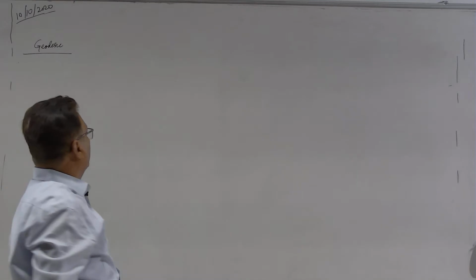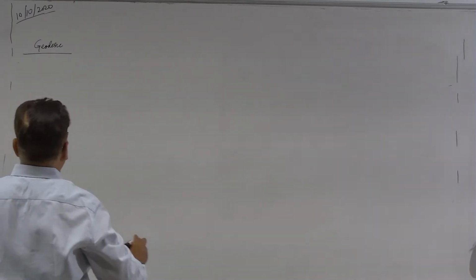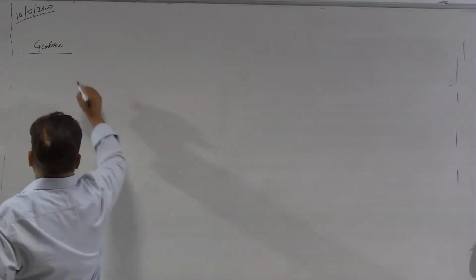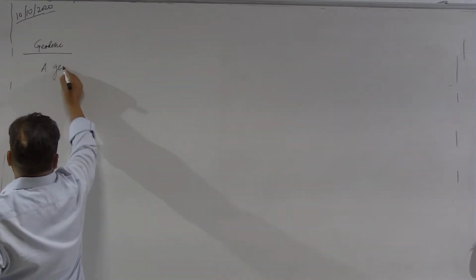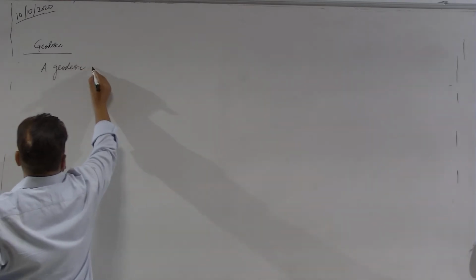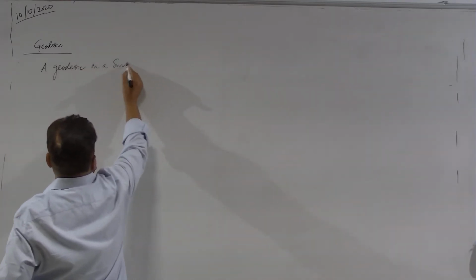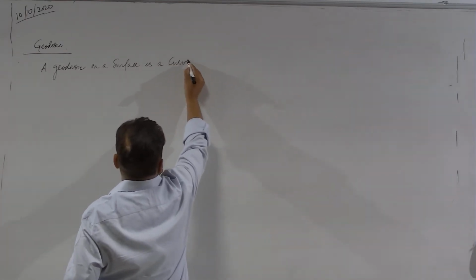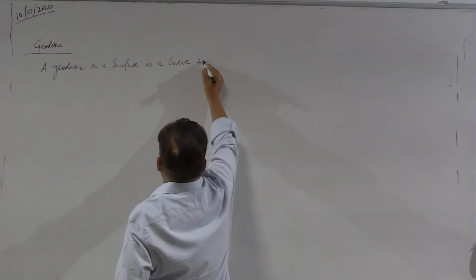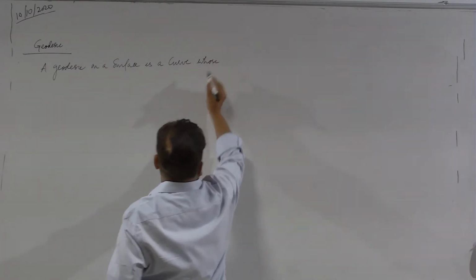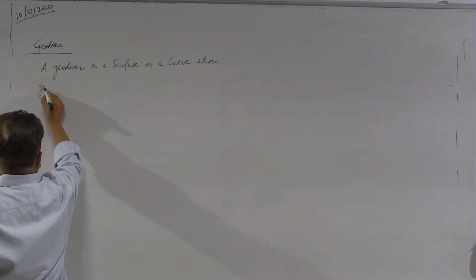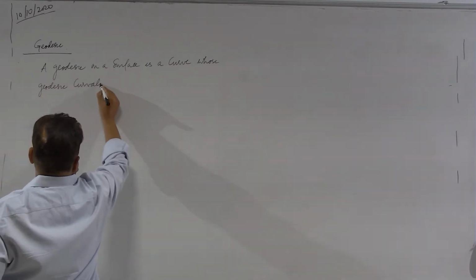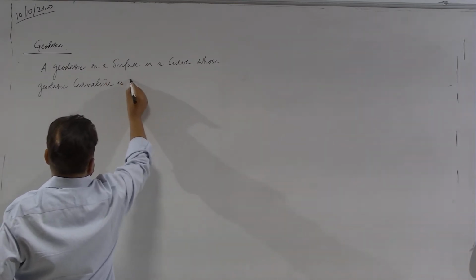So, by definition, a geodesic on a surface is a curve whose geodesic curvature is 0.